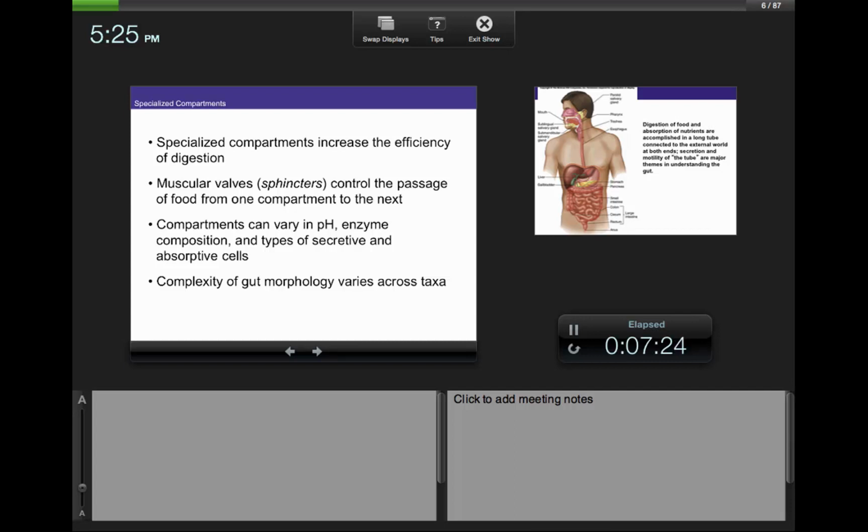I think it is amazing that the stomach, after you eat a meal, can secrete so much acid that the pH falls to 1 to 2, and that doesn't destroy not only the stomach, but all the compartments around it. It is amazing, I think. So compartments can vary in pH, enzyme composition, and all types of secretive and absorptive cells.